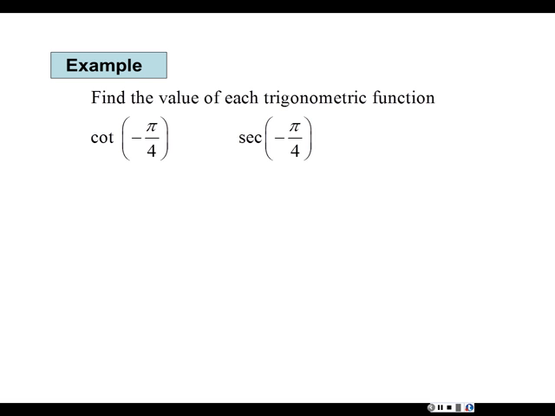So cot minus pi by 4 is going to be minus cot pi by 4. But in case of sec, minus pi by 4 is nothing but sec pi by 4, because this is an even function.